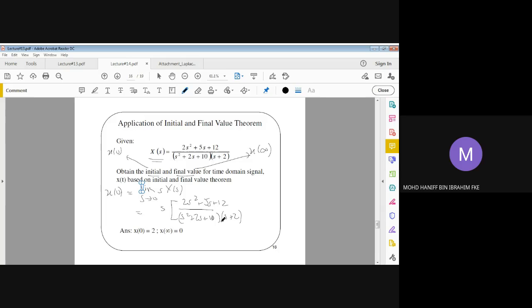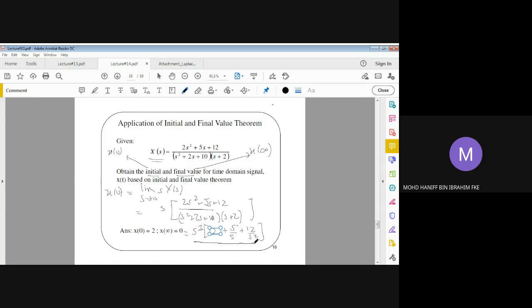We can take out s to the power of 2 from the numerator, so we have s cubed. Sorry, not 2s, it's only 2. We have 2, plus 5 over s, plus 12 over s squared.